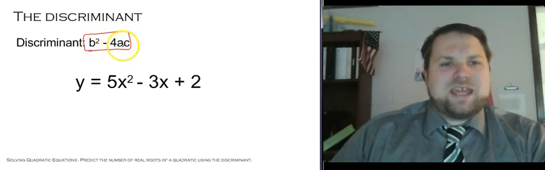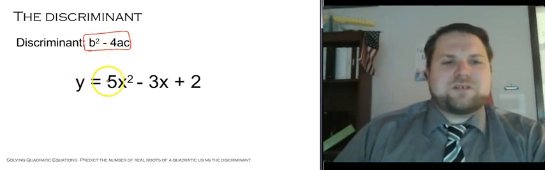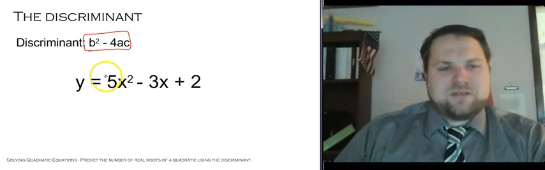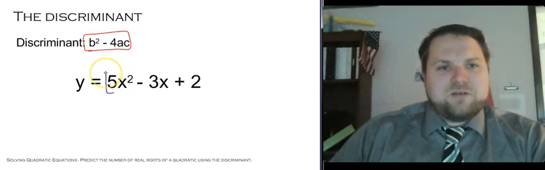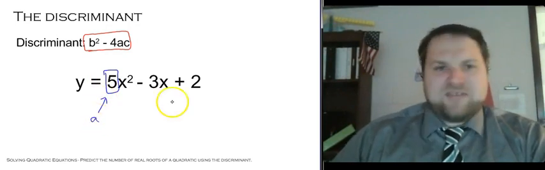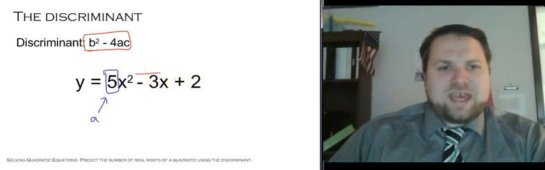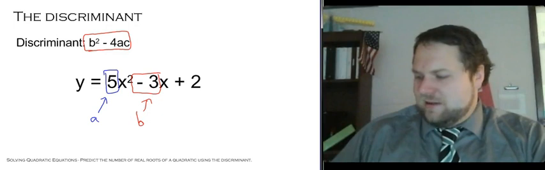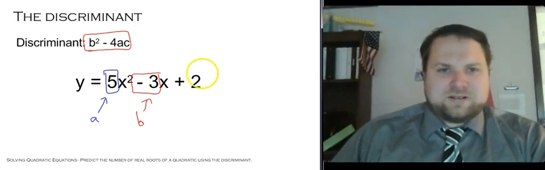And where the a, the b, and the c are coming from is, if you'll recall, in standard form of an equation, and I'll use some colors on this so we can set it aside, I'll have a coefficient of x squared, which I call a, and then I'll have a coefficient of x, so in this case negative 3, and I call that thing b, and then I'll have a constant term out here all by its onesies that we call c.